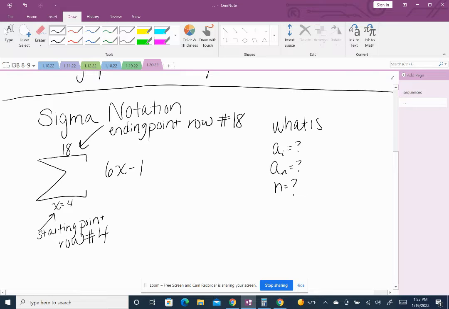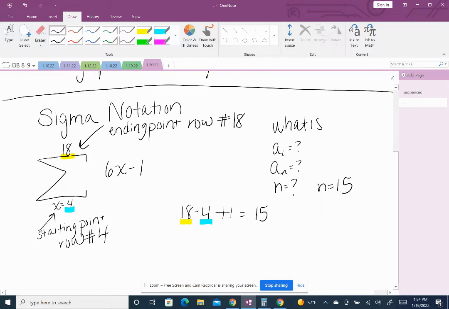Whenever you're subtracting numbers, when you're counting, you always have to add an extra one, kind of like counting pages. So it's going to be 18 minus 4 plus 1. We got the 18 from the top number, we got our 4 from the bottom, and then we're just adding 1. And that gives us 15. So n is equal to 15.